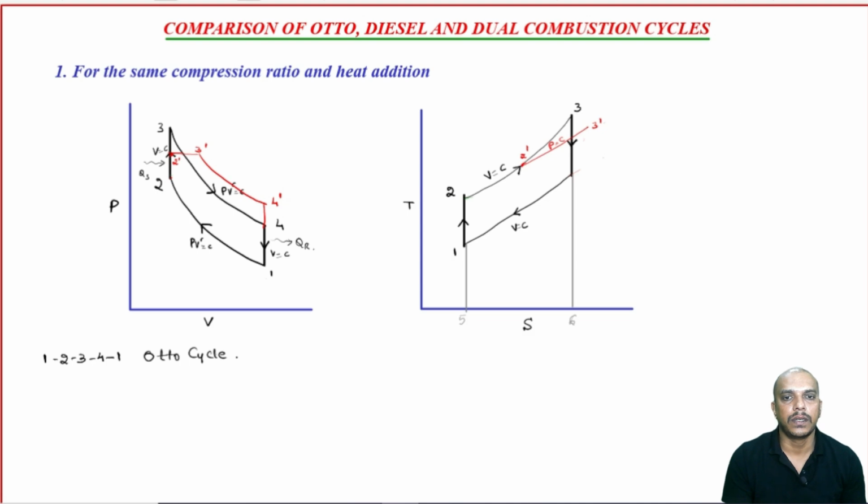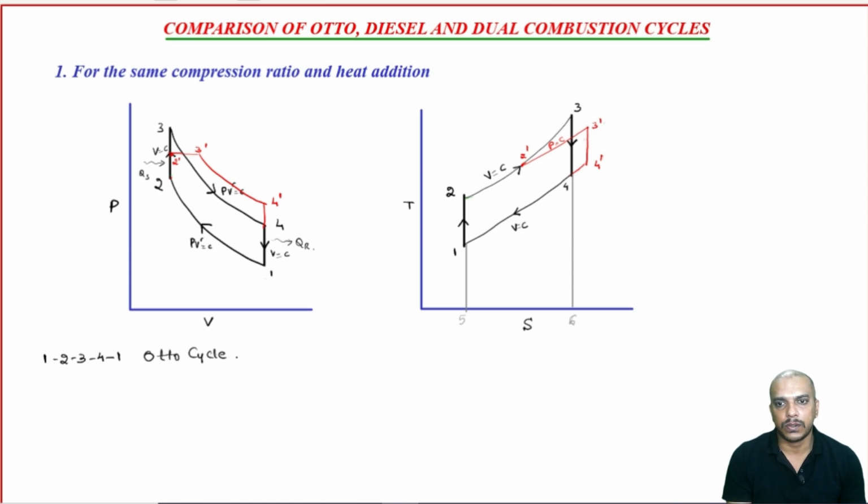So, it is deviated from this point. So, 2 to 2 dash to 3 dash. Now, 3 dash to 4 dash is again expansion reversible adiabatic. Now, 4 dash to this point, that is, this was 4 actually. So, it is correct.